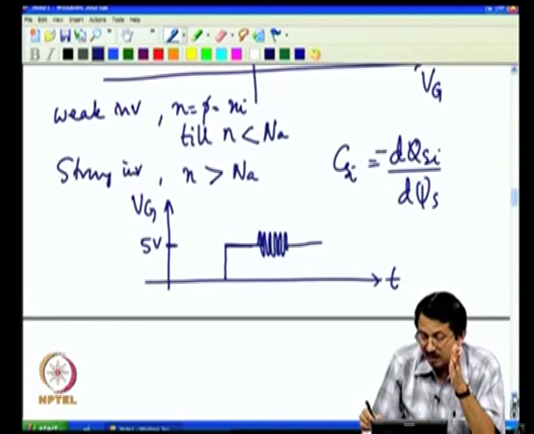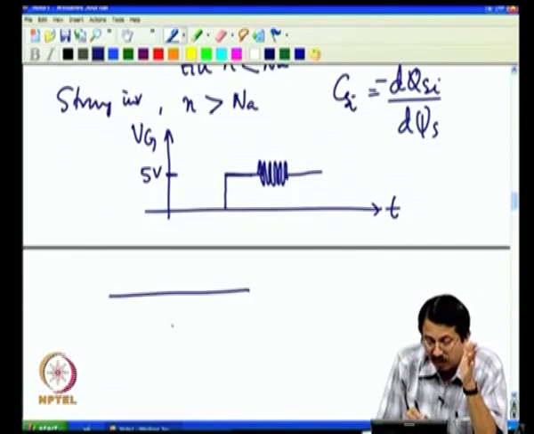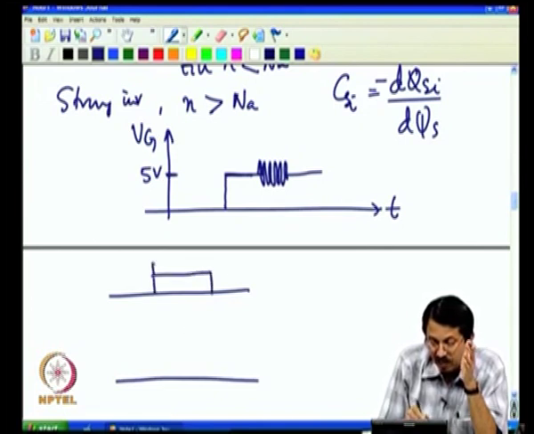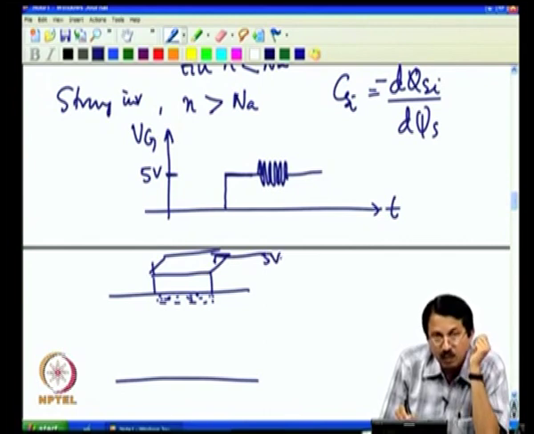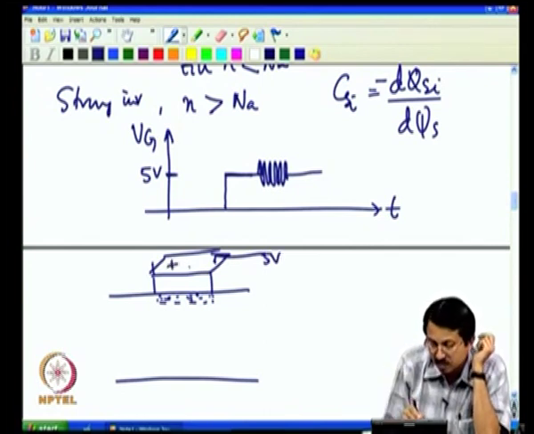In other words, remember what has happened now, this is the MOS capacitor that we have with certain area, and I have produced inversion electrons here by applying 5 volt. This 5 volt has put in some plus q charge here, and that plus q charge is more or less balanced by these electrons here.